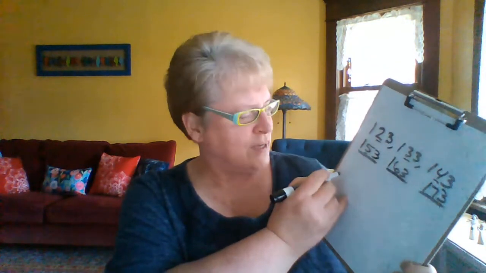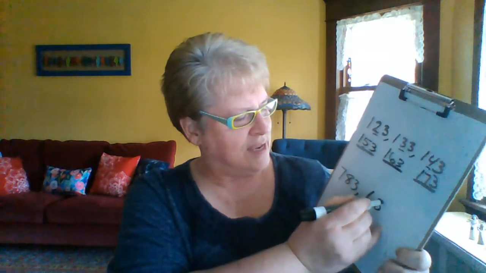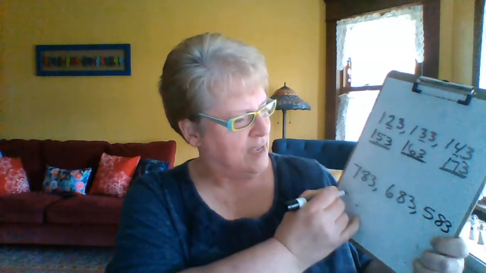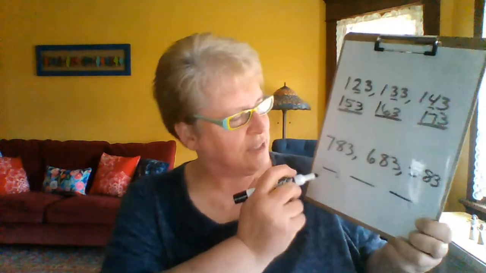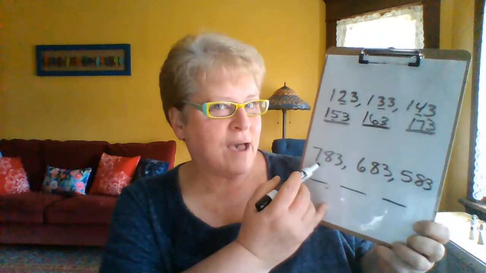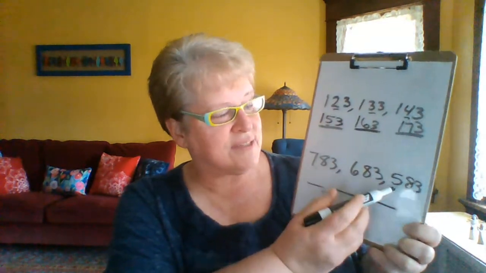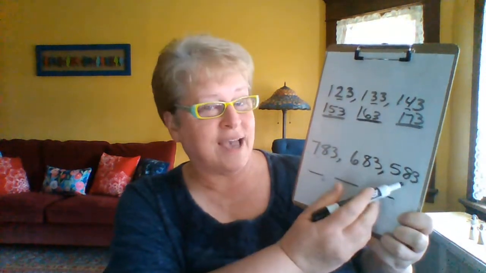I'm going to do a little trick though. 783, 683, 583. And I want to write down the next 3 numbers. So let's look at, we're changing our hundreds, but we're not going up. What are we doing? 7, 6, 5. We're going down. But our 8 tens is a constant and our 3 ones is a constant.